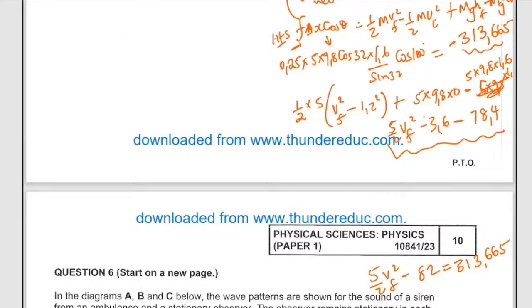Multiplying by 2 and dividing by 5, I'm getting that. And then I'm getting 9.6.